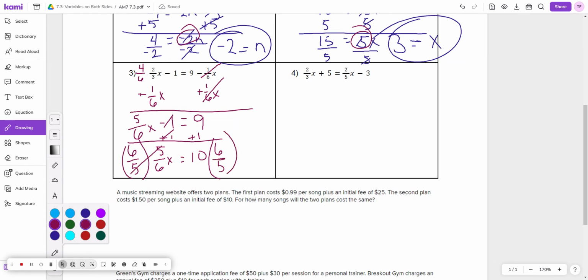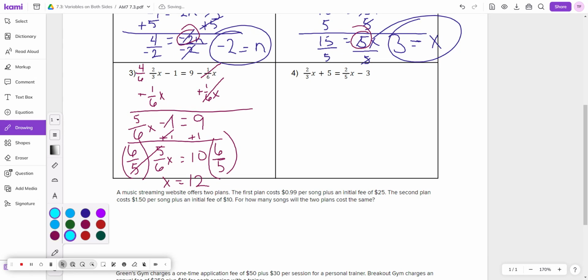That cancels out my coefficient. In other words, it reduces my coefficient all the way down to 1 and leaves me with just x. If I take 10 times 6, that gives me 60, and 60 divided by 5 gives me 12.